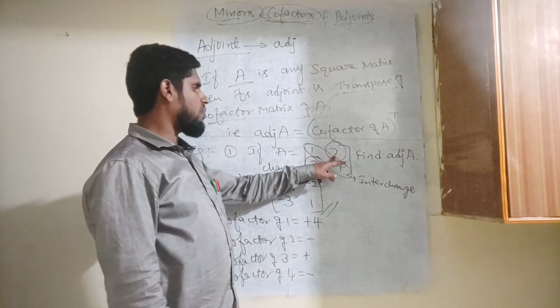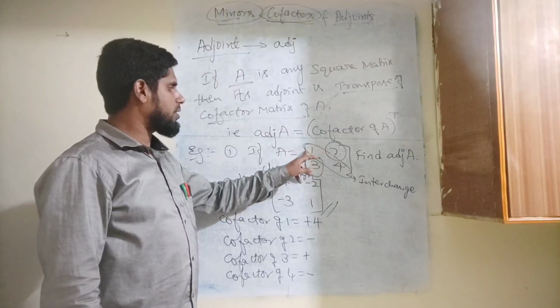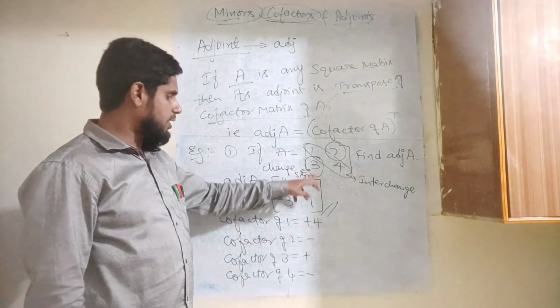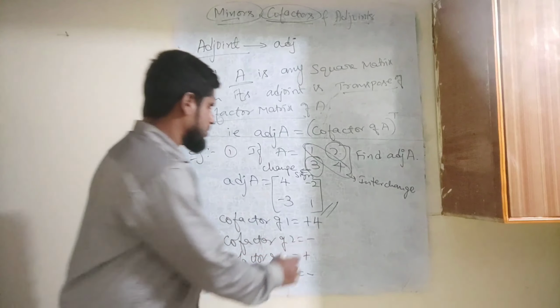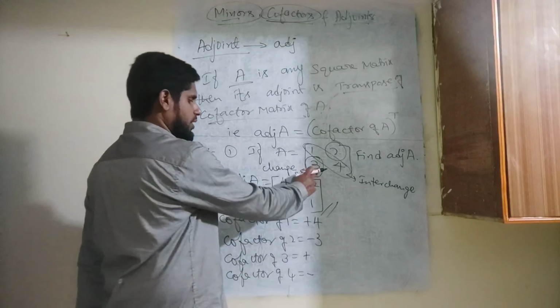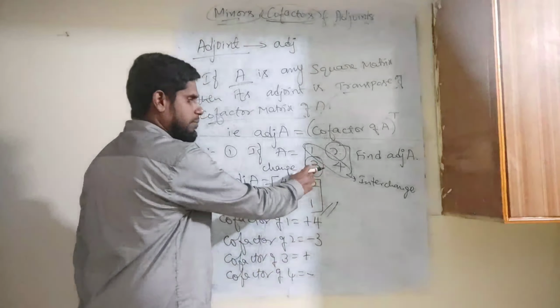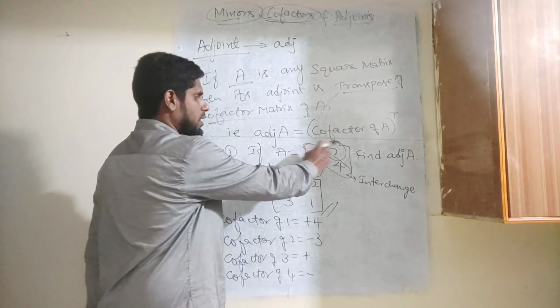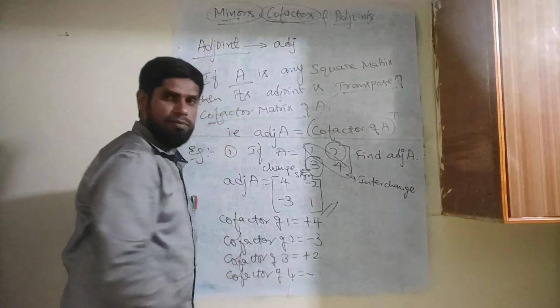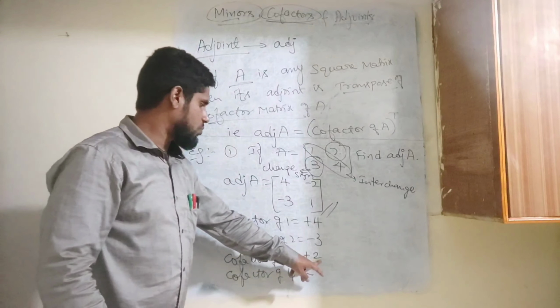Then next, the cofactor of 2, eliminate the row and column. Then the left out is 3 and its hidden sign is minus, so it is -3. Then next, the cofactor of 3, its hidden sign is minus. Eliminate the row and column. The left out is 2, so 2 is the minor with hidden sign +2.